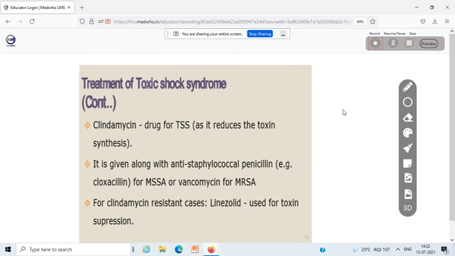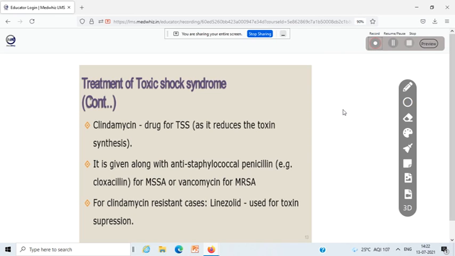Clindamycin is the drug of choice for toxic shock syndrome as it reduces the toxin synthesis. It is given along with an anti-staphylococcal penicillin like cloxacillin, which is used for methicillin sensitive Staphylococcus aureus, which I'll be getting back to in the next class. What is MRSA, what is MSSA, etc. Don't worry about that.